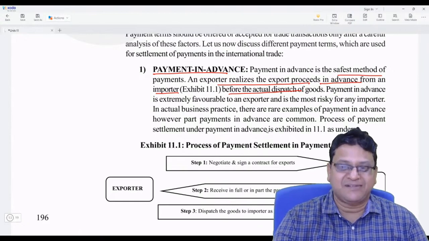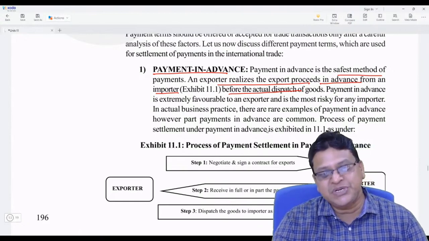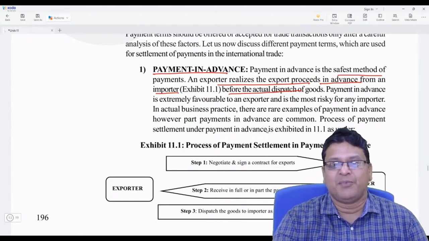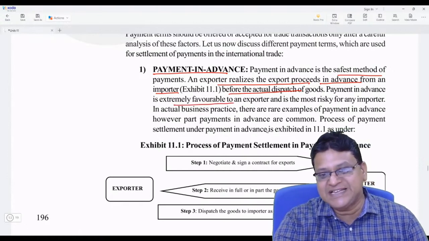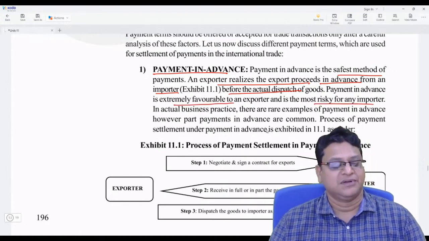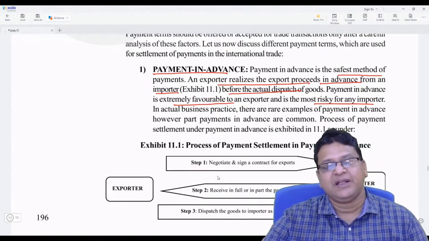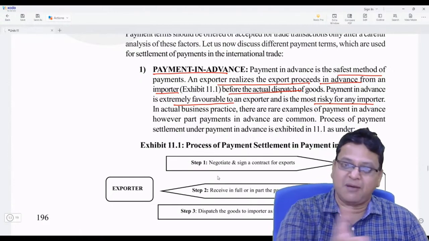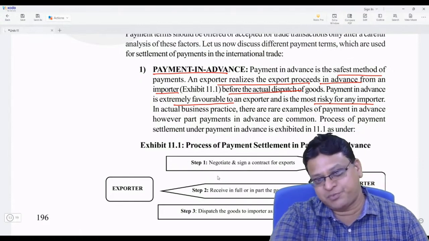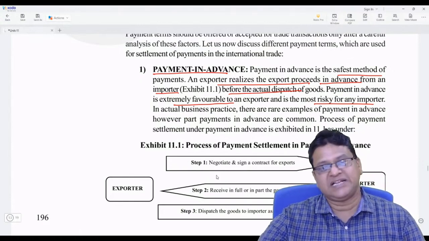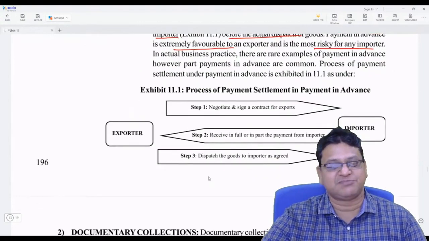So this method is very suitable for the exporter, but very risky for the importer. The importer pays the total amount in advance, then the exporter delivers the goods.